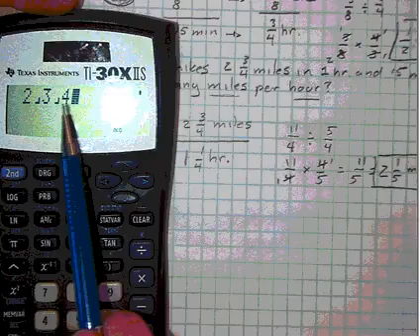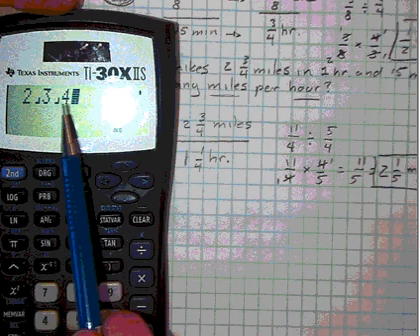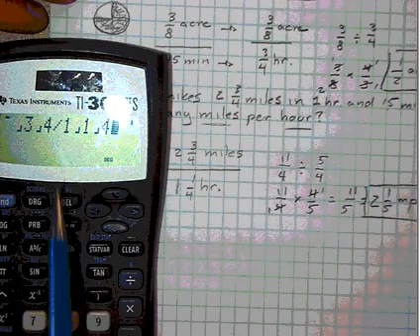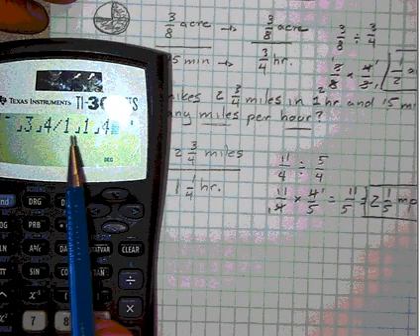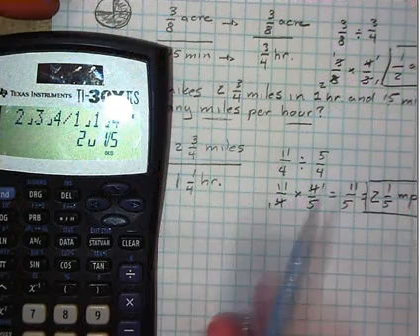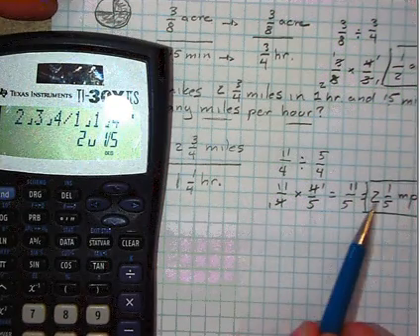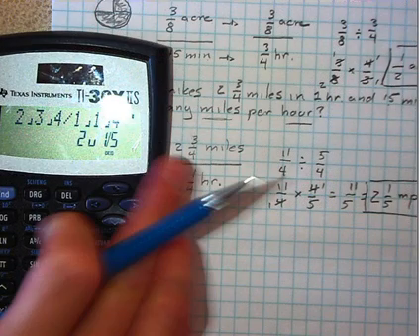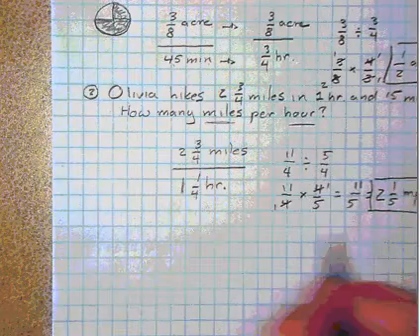Then we're going to divide that by 1 1/4. So that gives us 1 1/4. So when we divide that, that gives us 2 1/5, which is exactly what we found when we did it by hand. All right, let's look at a third one.